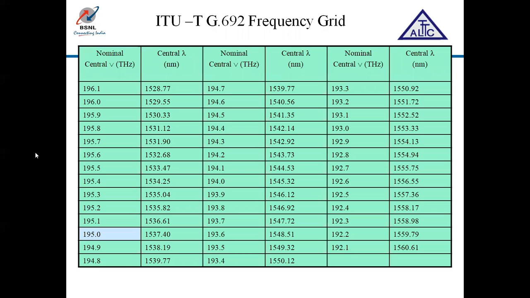So this is the ITU-T G.694 frequency grid. Here, this is the 193.1 terahertz center frequency, and the spacing is 100 gigahertz, that is 0.1 terahertz. Different wavelengths can be calculated with the help of lambda equals c by f. These are the different frequencies and wavelengths which are being used in the DWDM system.